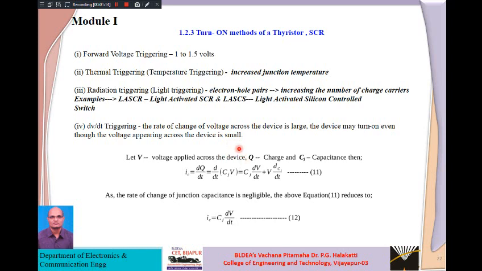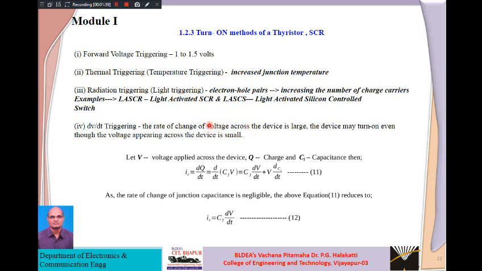If this forward current drops below this minimum current, the holding current, then we can say the SCR is switching back from the conduction to the blocking state. Different mechanisms or methods we have studied in the last class.